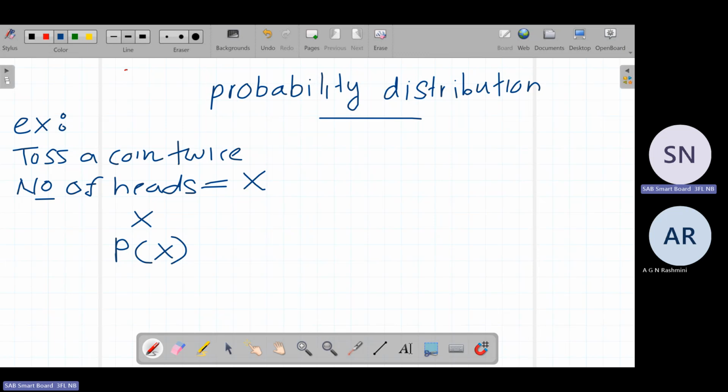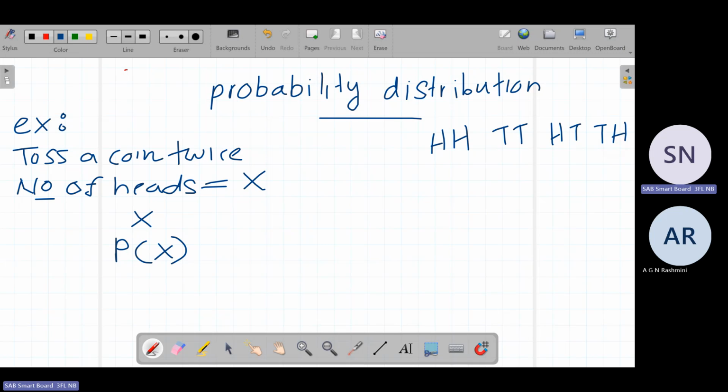Here the random variable is the number of heads. What values can we assign according to this random experiment? Toss a coin twice. What is the sample space? We can get 2 heads, or 2 tails, or head and tail.